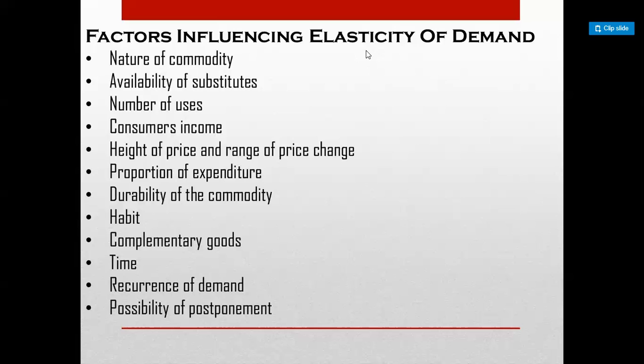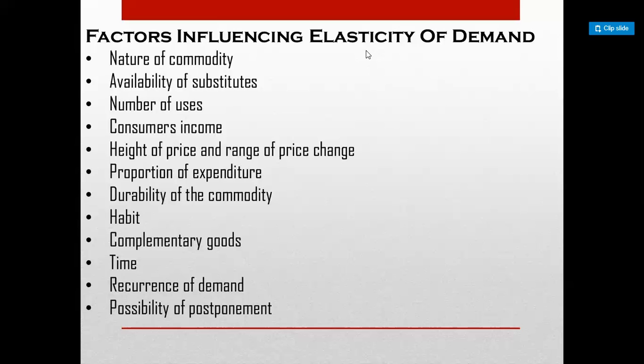It happens because such a commodity becomes a necessity for the consumer and he continues to purchase it even if its price rises. Complementary goods are also highly elastic, because consumers will look for another substitute if the price is high.